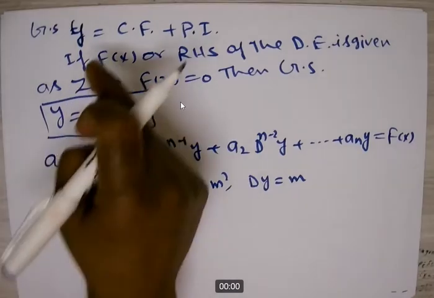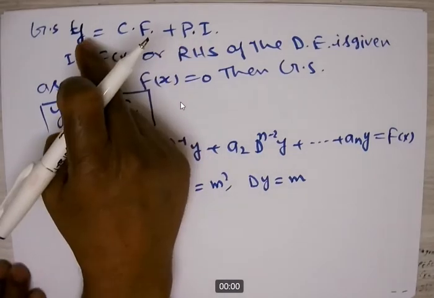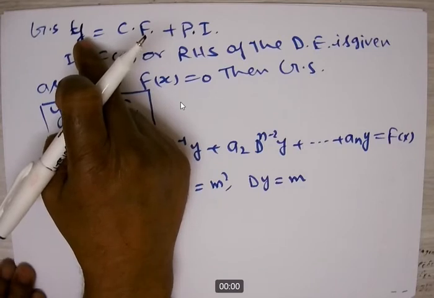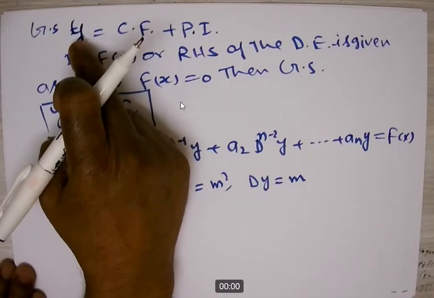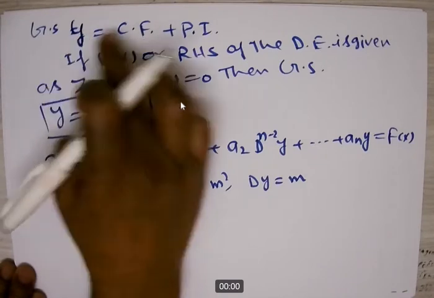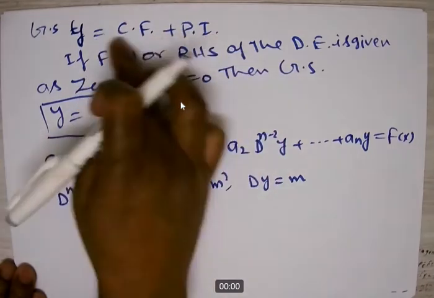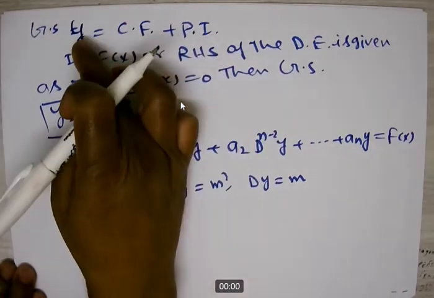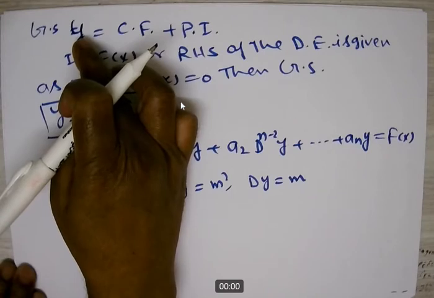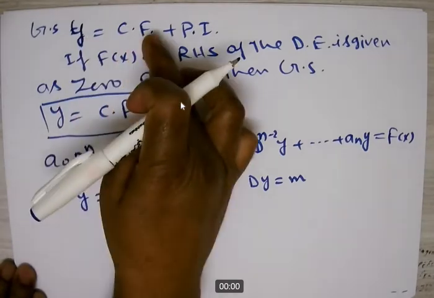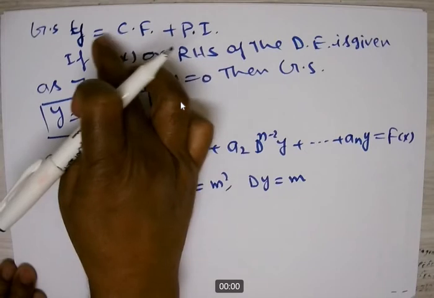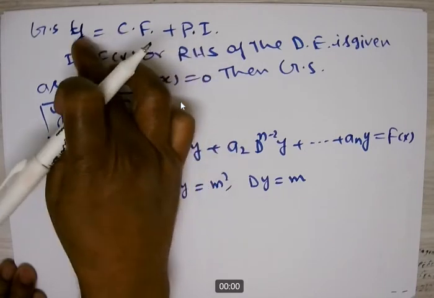General solution will always be written in the form of the dependent variable. That means if dependent variable is y, then general solution is y equal to CF plus PI in terms of x. If dependent variable is given as x and independent variable is t, then you have to write x equal to a function of t.